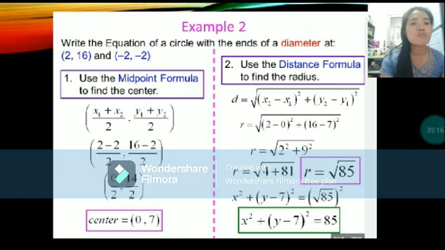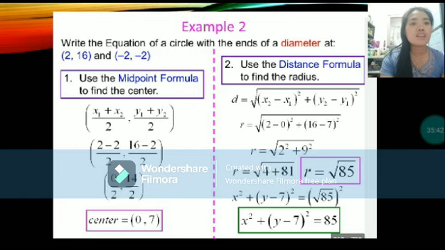And then to get the equation, you have x squared, because the center's x is 0, so no need to write x minus 0. So you have x squared plus (y minus 7), that's y minus k, quantity squared, is equal to the square root of 85 squared, because our formula is r squared. The square root of 85 squared is 85. Therefore, our answer is x squared plus (y minus 7) quantity squared is equal to 85.